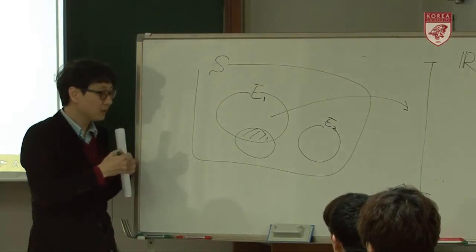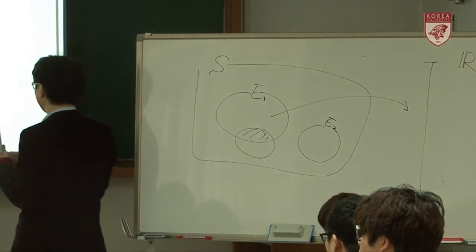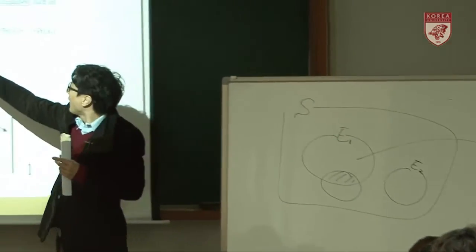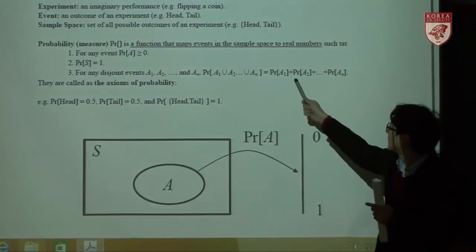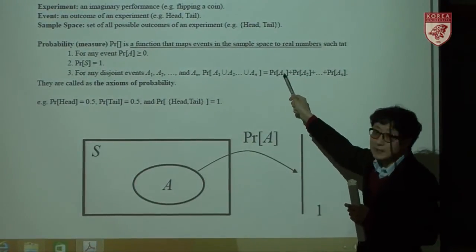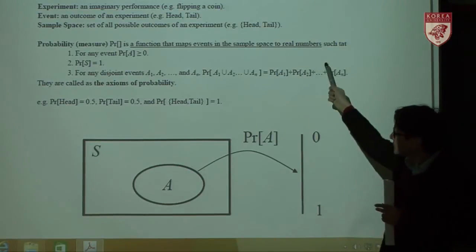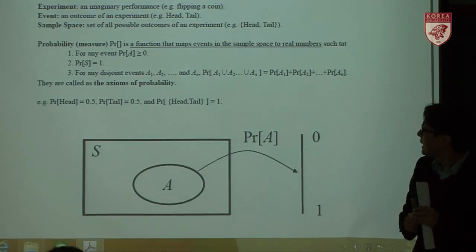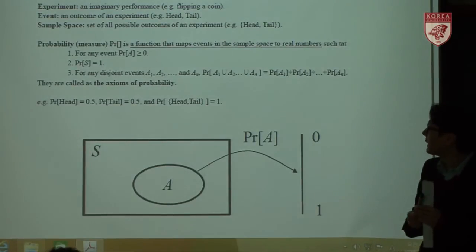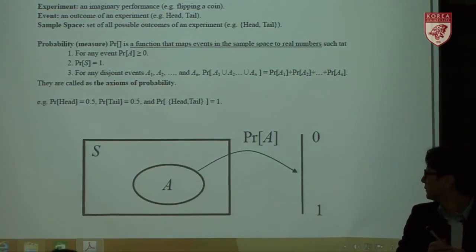So for any number of disjoint events, the probability of the union of A1, A2, up to AN should be equal to the sum of the probability of each event. So these three properties should be satisfied. And we call these three properties the axioms of probability.